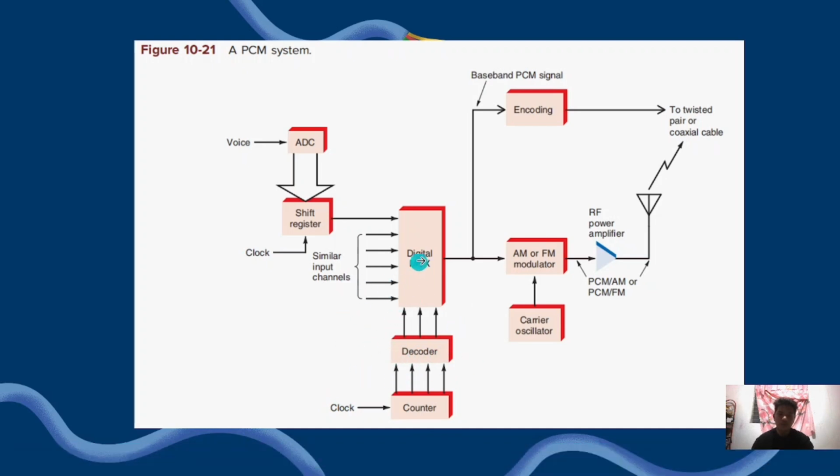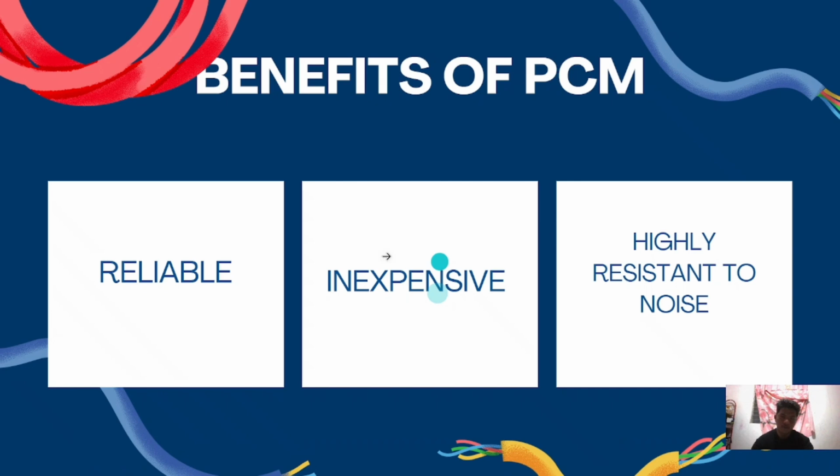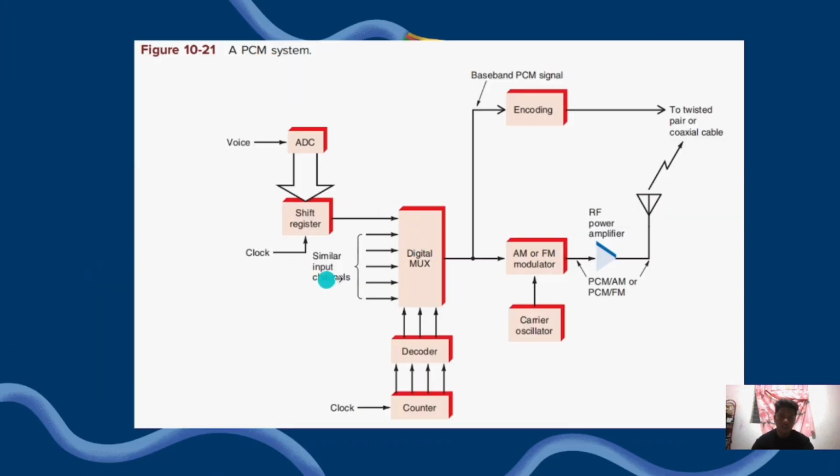So decoder to digital multiplexer. This part is shift register to digital multiplexer. So we have similar input channels, we have channels there to digital multiplexer. After that we have the output. So we have baseband PCM signals.